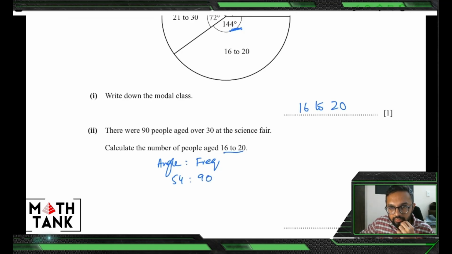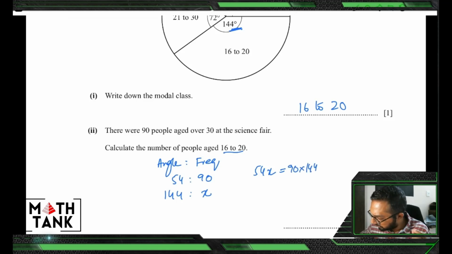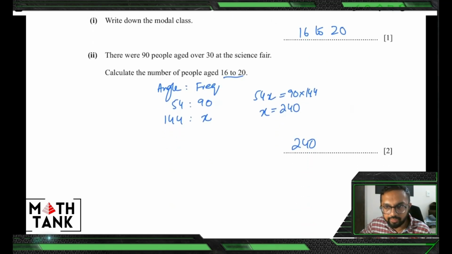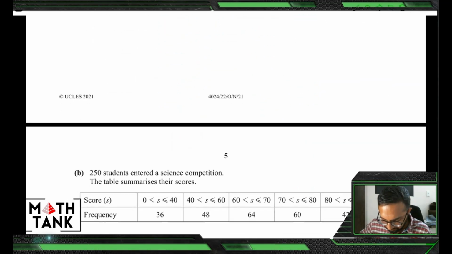Then what I simply do is cross multiply. I can say that 54x equals 90 into 144. So 90 into 144 divided by 54. It's 240. Sounds like a reasonable answer. Why? Because it had to be a whole number, because it's frequency.